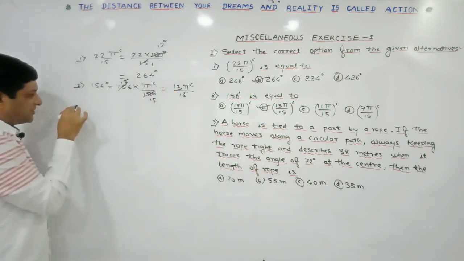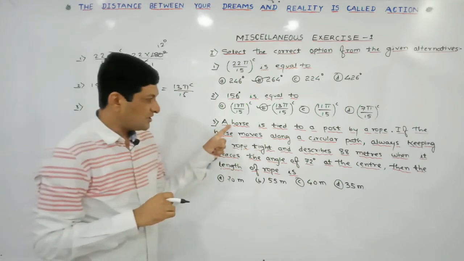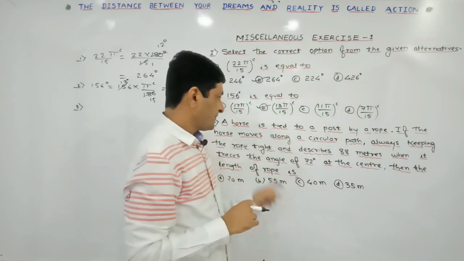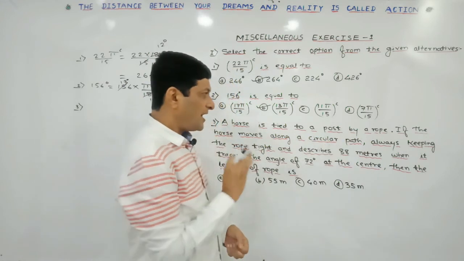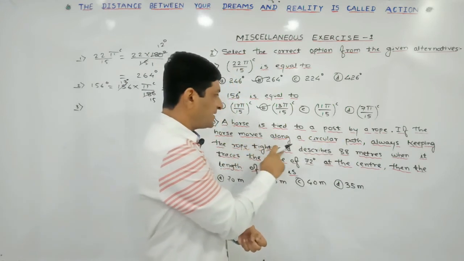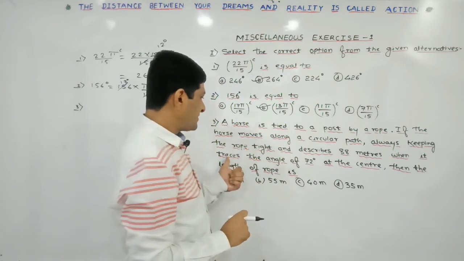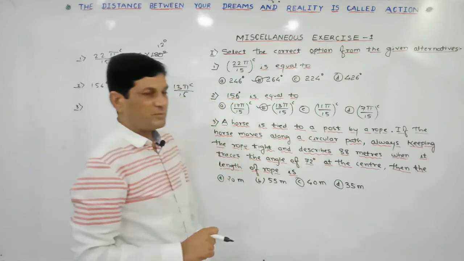So B option will be the correct answer here. Now observe the condition in example number three. What is the given condition? A horse is tied to a post by a rope. If the horse moves along a circular path, always keeping the rope tight, and describes 88 meter when it traces an angle of 72 degree at the center, then the length of the rope is.